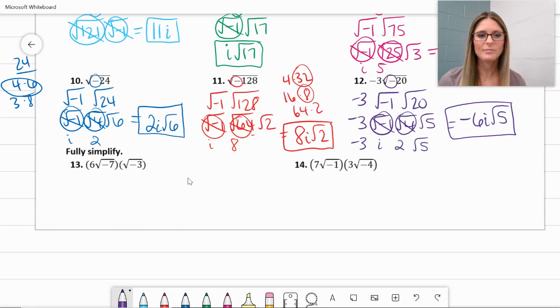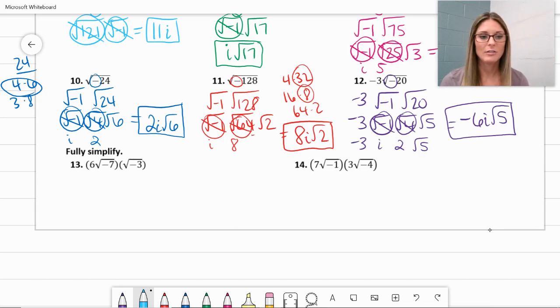13. Fully simplify 6 radical -7 times the radical -3. All right, on these, you want to simplify before you multiply. You hear me? I'm preaching it. Simplify before you multiply. Okay, so let's see what we can clean up in the first parentheses.